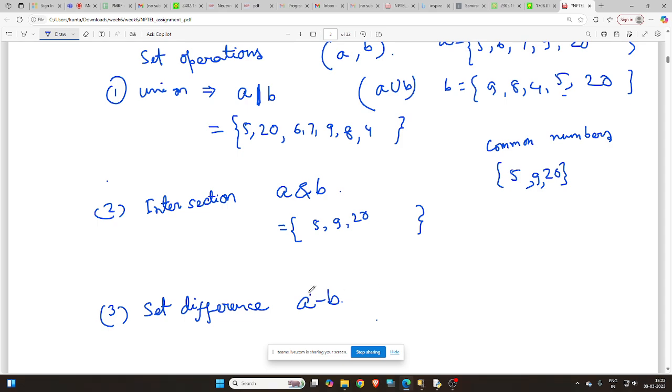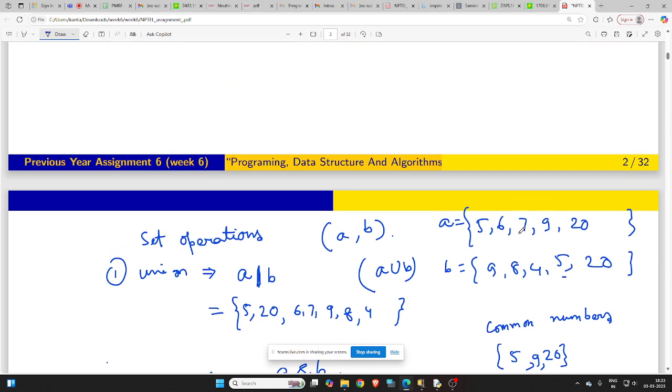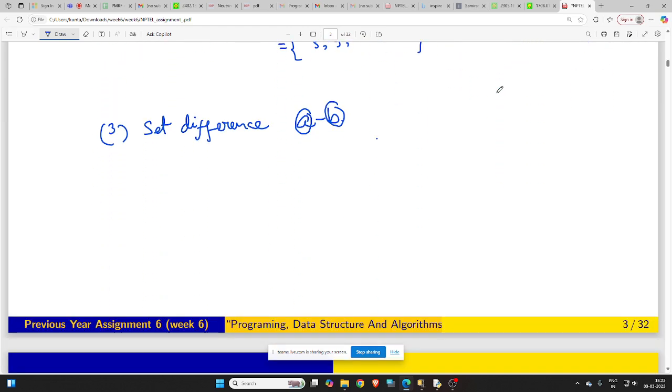the terms of A which are not present in B. Now come here, there are elements that belong in A. Among these, 9, 5 and 20 are present in B. So the remaining terms 6 and 7 are giving us A minus B. So I can write a statement here. What is the set difference?